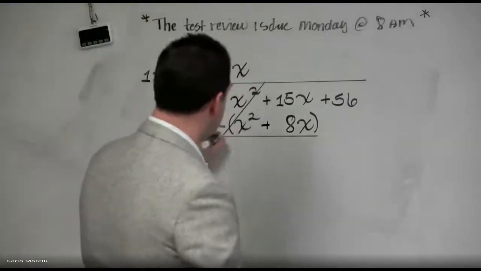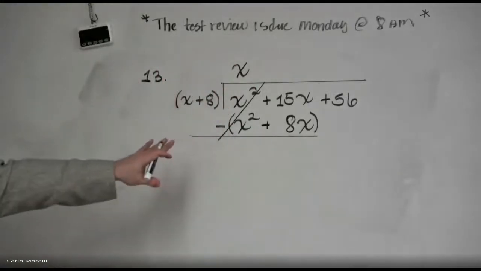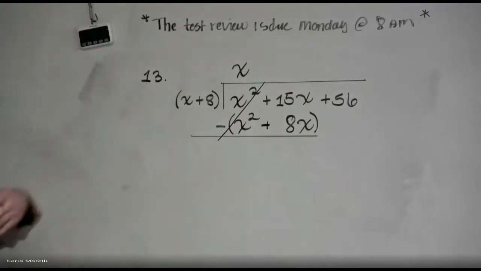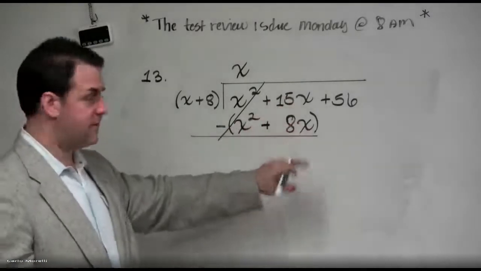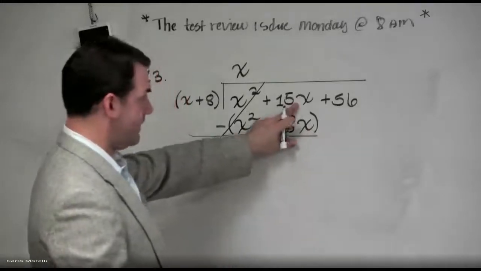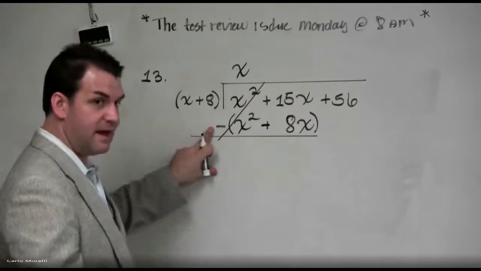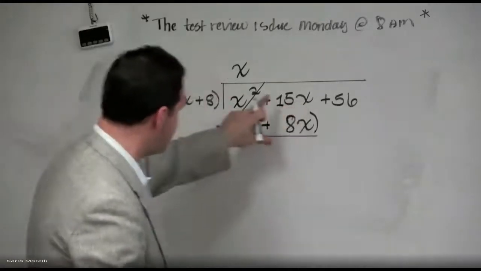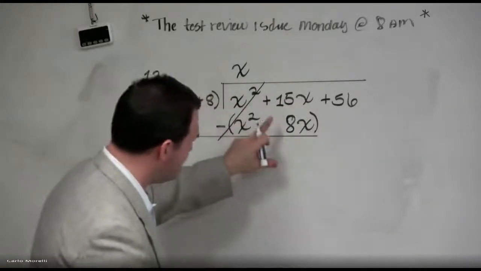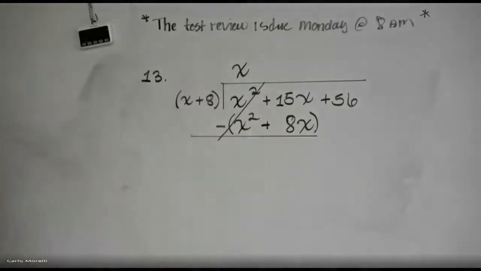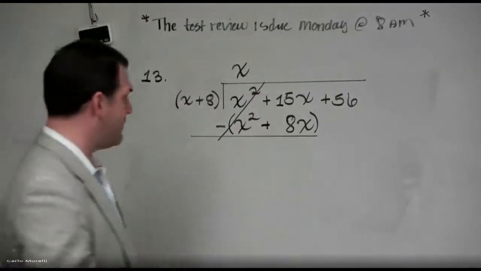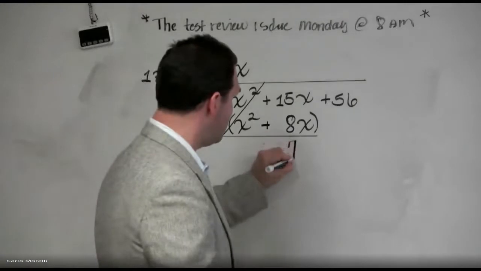Okay? These should always cancel out, those first terms. If they don't, you need to go back and check your work. These second terms here, it doesn't matter if they cancel out. 15x minus, you see where my hand is going over here to the sign? 15x minus positive 8x. 7x, positive 7x. So we're just going to write 7x.